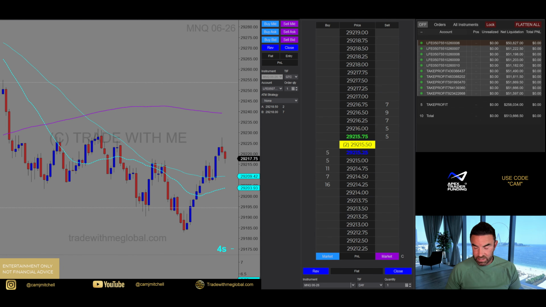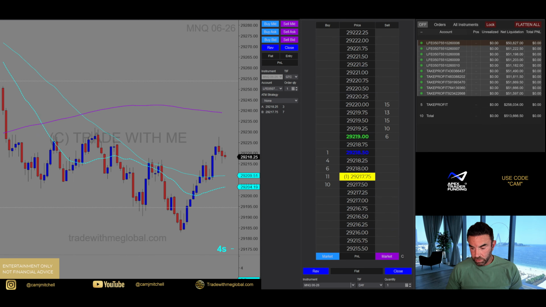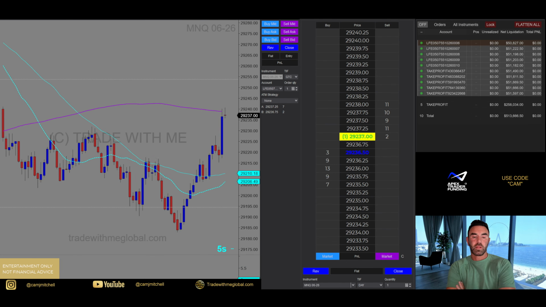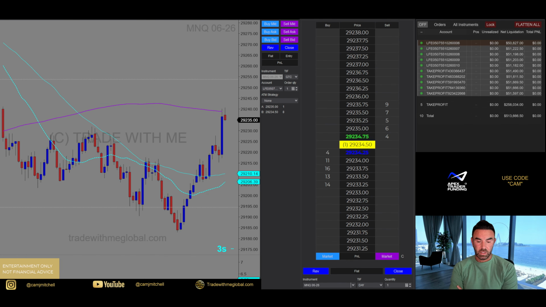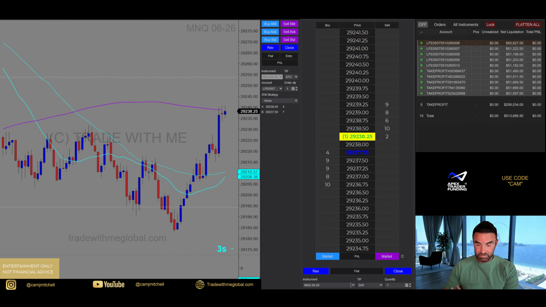Yeah, not going to get sucked in on this one. Very short-term move, no high low. Wow, this volatility in the opens has been insane.